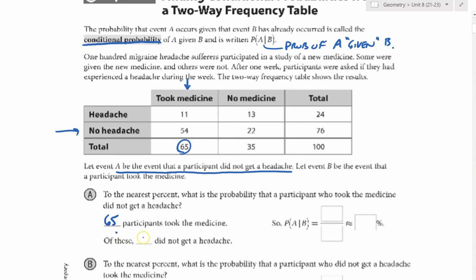Of these, which ones did not get a headache? And that is 54. And so the probability of A given B, the probability that they did not get a headache given that they took the medicine, is 54 out of 65, which would be about 83%.